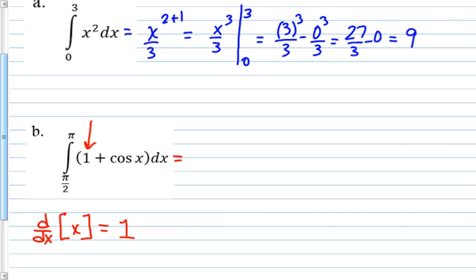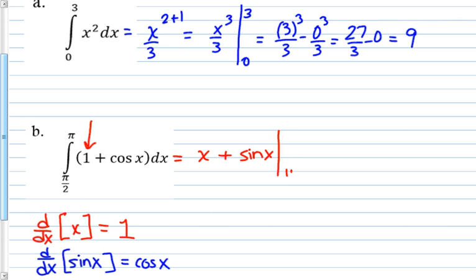So this is x plus, and then, okay, cosine x. What's the antiderivative of cosine x? What do I have to derive in order to get cosine x? And hopefully you're thinking, oh, sine x. If we derive sine, we get cosine. So sine x, and then from pi to pi over 2.